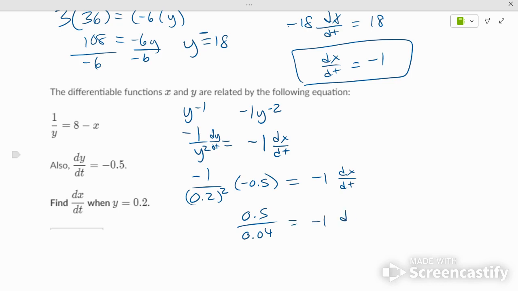Equals -1 dx/dt. So it's like 50 over 4, which is 25 over 2, which is 12.5. So dx/dt equals negative 12.5.